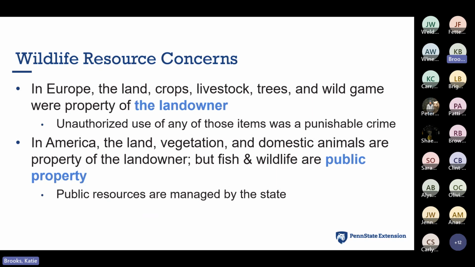We developed this mindset that we wanted the wildlife and the resources to be used for the good of everyone. So now in North America, wildlife is held in public trust, and this is known as the North American model of wildlife conservation. So it's a publicly owned resource, public property, and these resources are managed by the state.